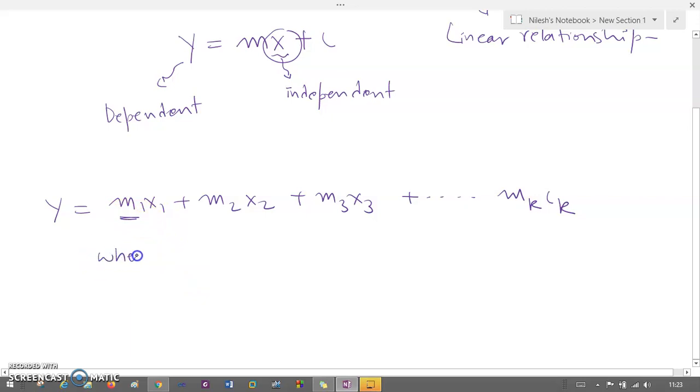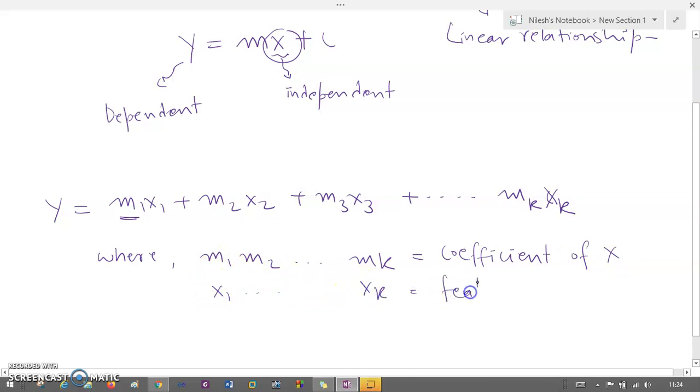Let me write it down: these m1, m2, till mk are nothing but coefficients. Sorry, this is xk. The coefficients are of x, and these x1 till xk are nothing but features in your data set. I hope you understand it.